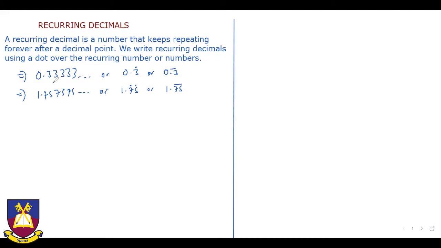In this first example I've given you, you can see that it's only 3 that's recurring, so it's one number that's repeating. And in this second example, there are 2 numbers, 7 and 5, that are repeating.